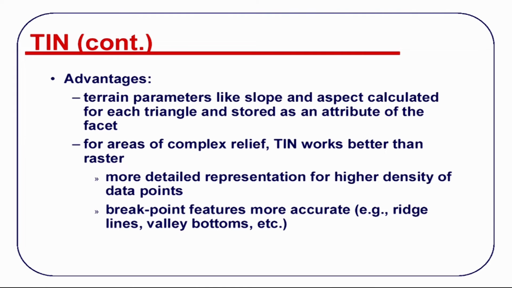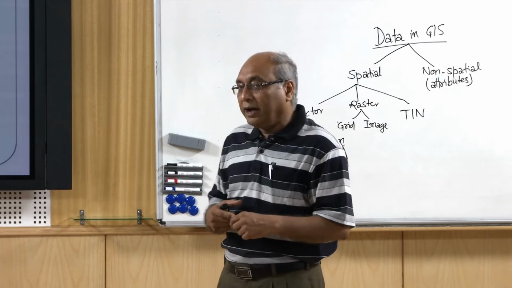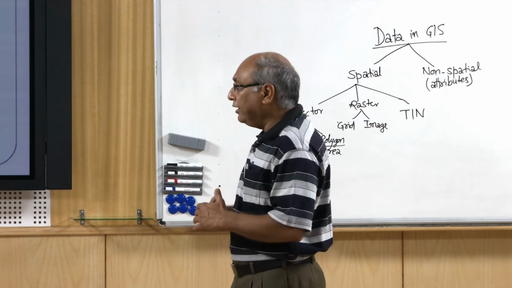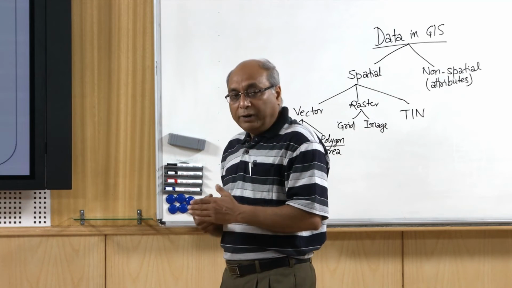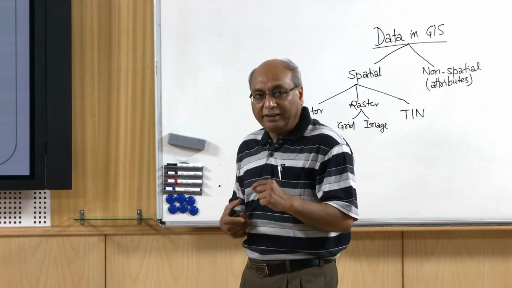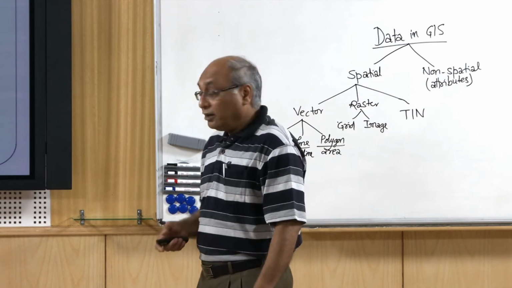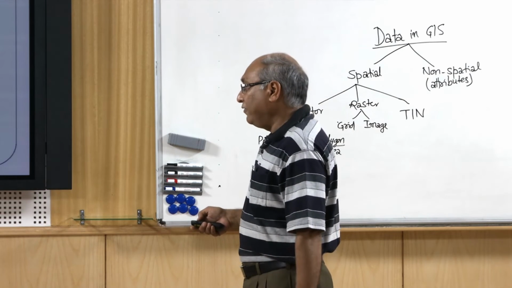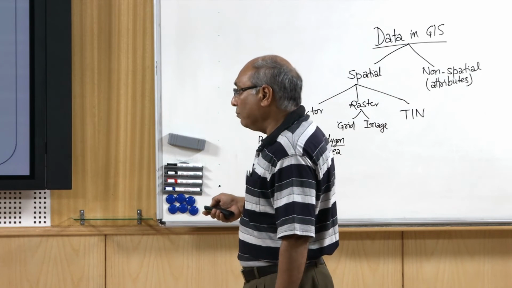If your observations are a lot for a small area, that means the data points are very high, then you can have a much better representation. This kind of condition is also true in case of raster, but there the size of the cell will not change. Here the size and shape of the triangle will change if there is variability in the observation. That means if there are a lot of changes in a small area, surface roughness can be represented nicely. Another point is that breakpoint features are more accurate.